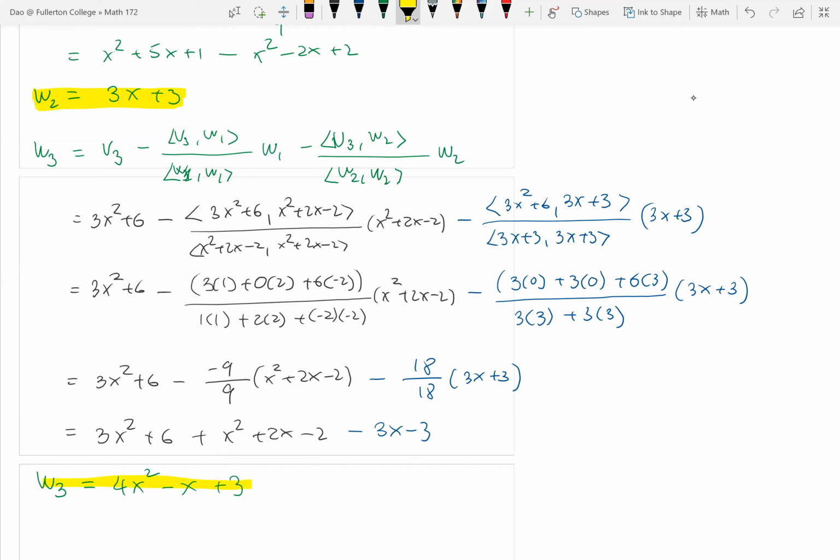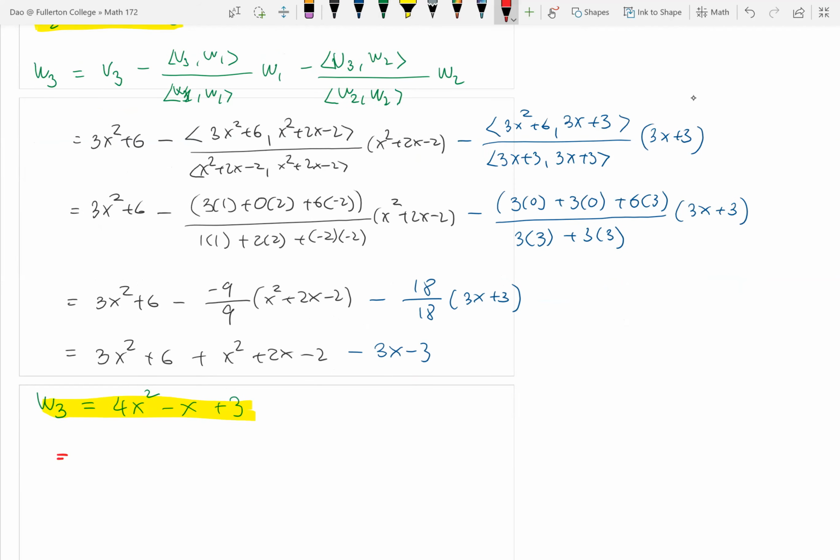And then done. So B prime will contain W1, W2, W3, which will be x squared plus 2x minus 2, comma, 3x plus 3, comma, 4x squared minus x plus 3.